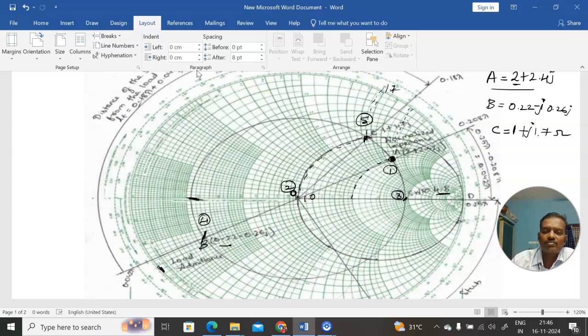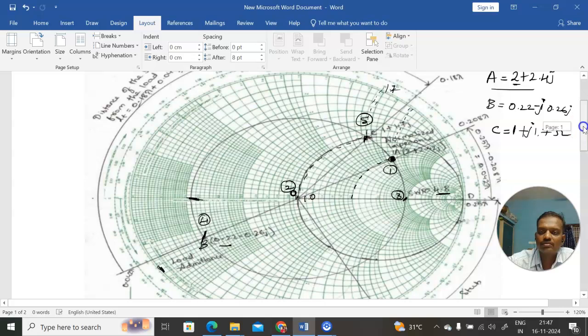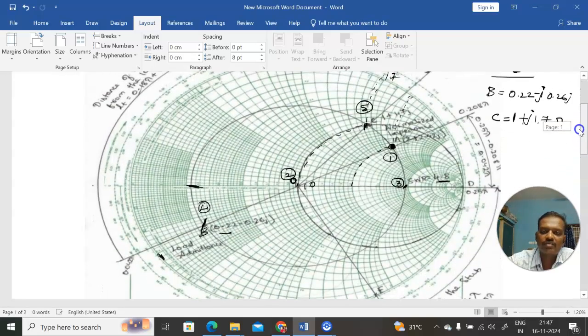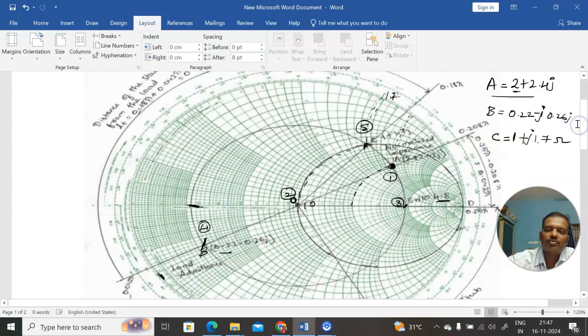So after marking C, from center O to C, you are drawing a straight line, which passes the outermost line where the wavelength will be 0.18 lambda.